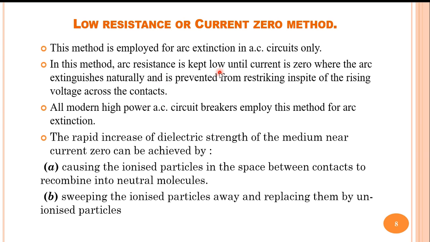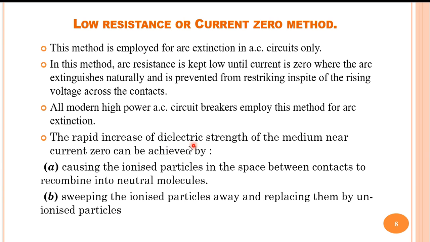So arc resistance is kept low until the current zero, where the arc is extinguished naturally and is prevented from restriking in spite of the rising voltage across the contacts. So at current zero, the arc is prevented from restriking. All the modern high power AC circuit breakers use the low resistance current zero method.